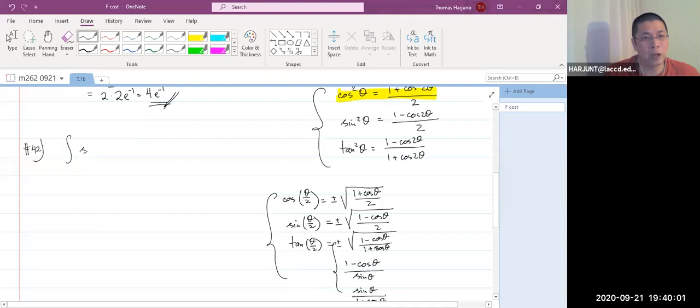Integral of sine of natural log of x dx. I know integral of sine u, so let me use u equals ln x. So du equals 1 over x dx.